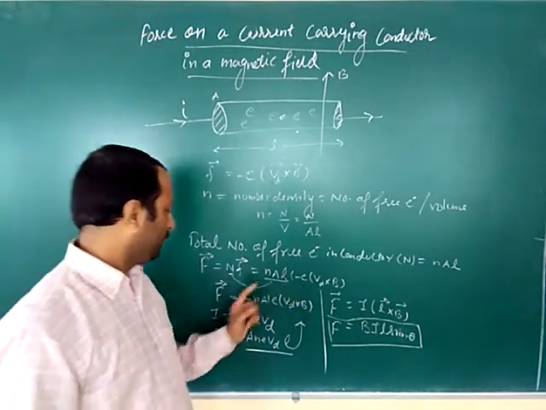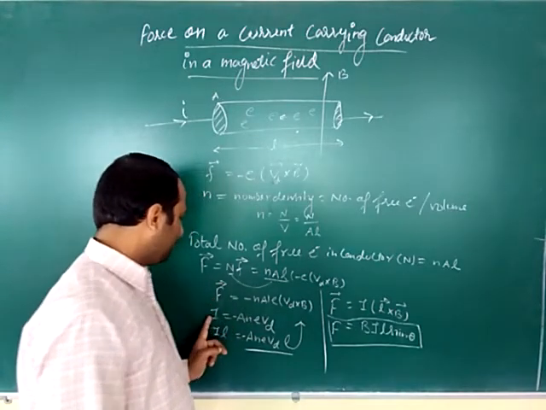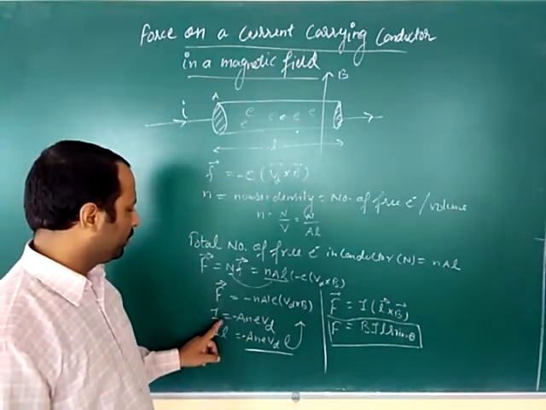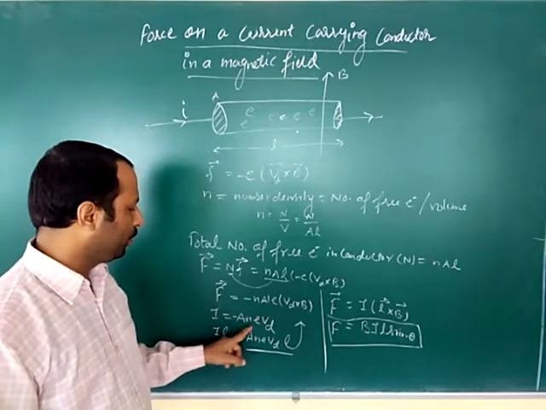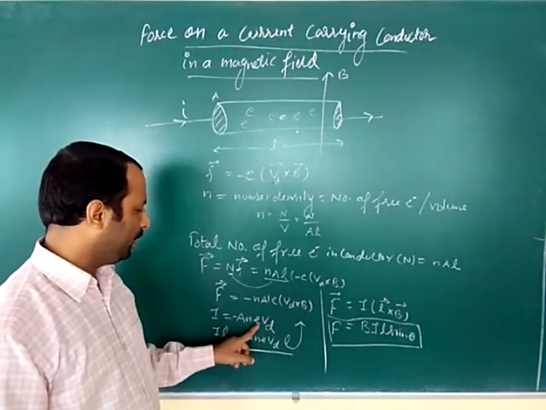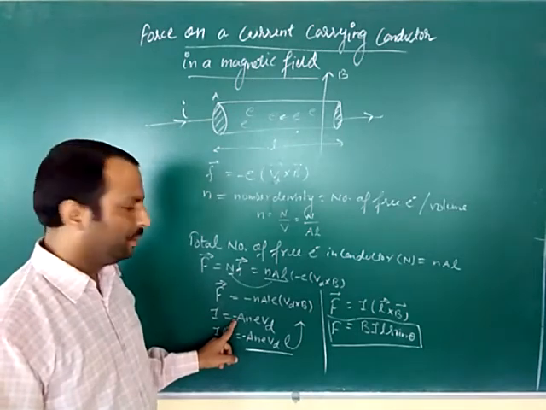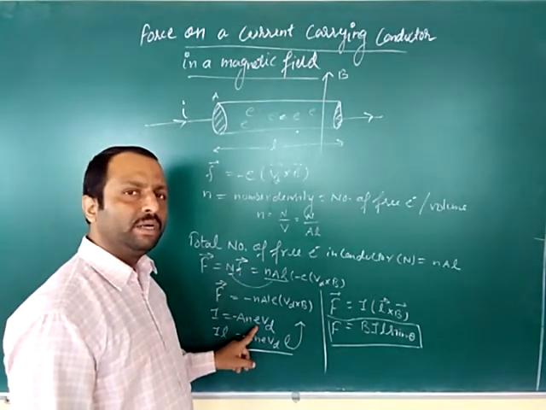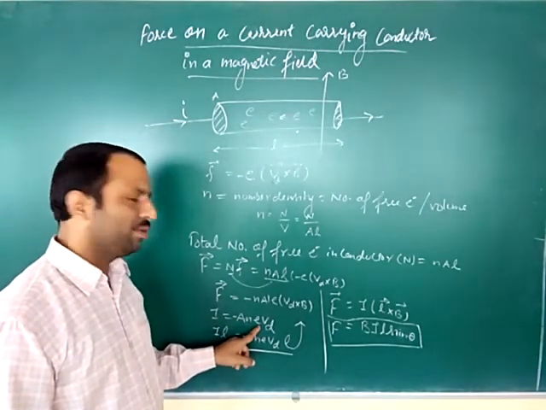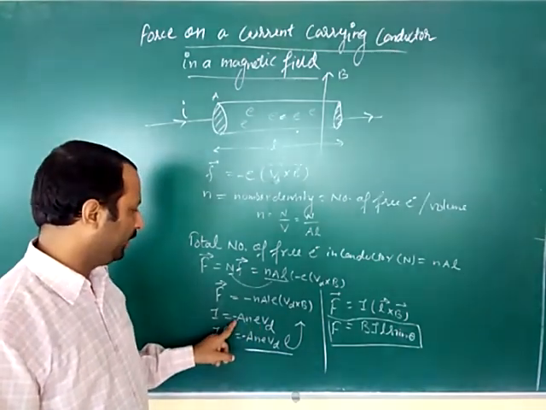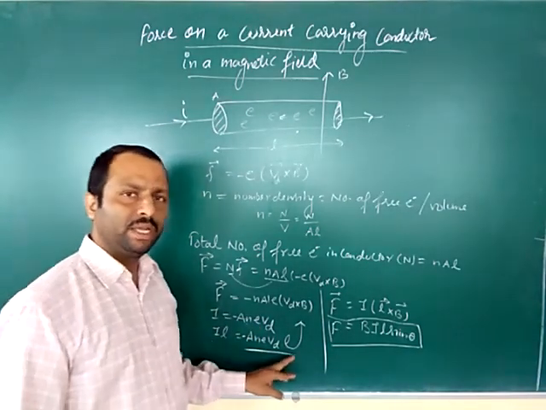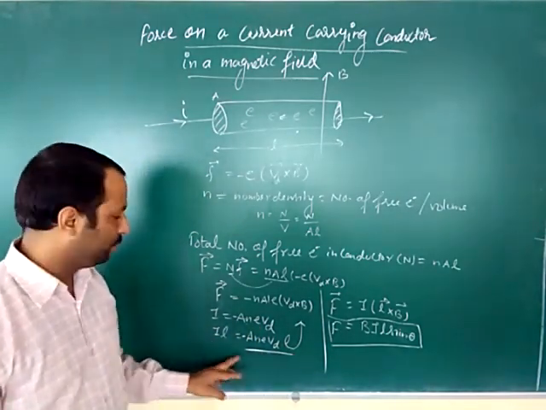Now we know the relationship between current and drift velocity, I is equal to n A e v_d. Why have we assigned a minus sign here? Because here we are dealing with the electrons, so the charge on the electron is negative. We have multiplied by L, the length of the conductor, on both sides.